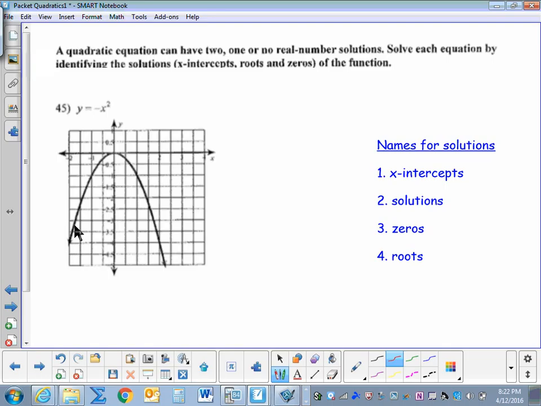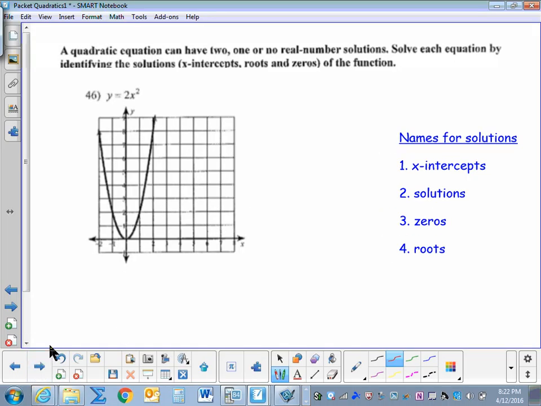All right, here the graph touched exactly one spot, at 0, so our solution, just one solution, is 0. And here we have one solution again at 0. So we can have 1, 2, or no real solutions, and we can call them x-intercepts, solutions, zeros, or roots.